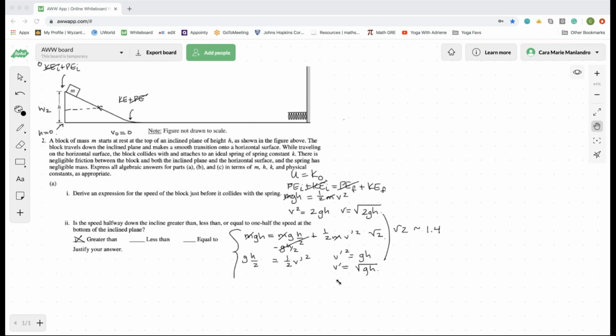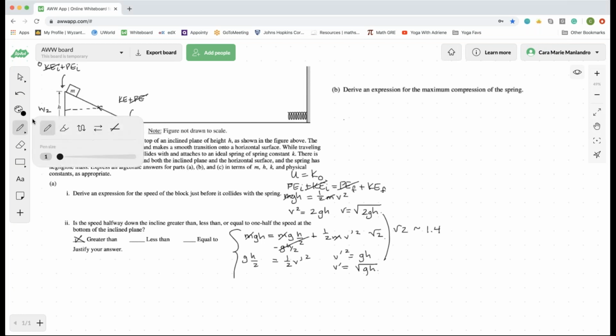All right, I know for a fact part C is not tested, so we will not go over that because we don't need to know the period because that is squarely under oscillations. All right, just derive an expression for the maximum compression of the spring.